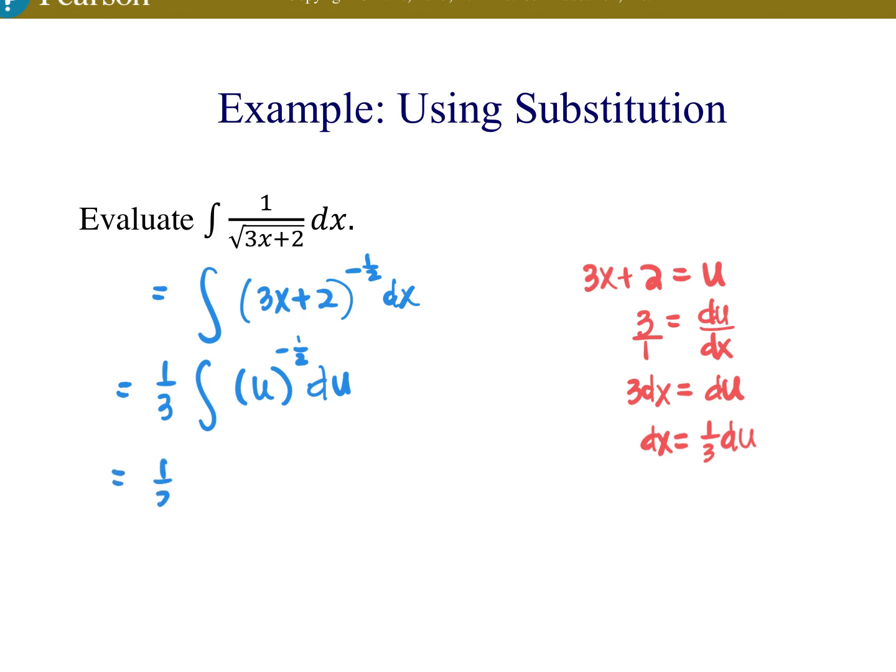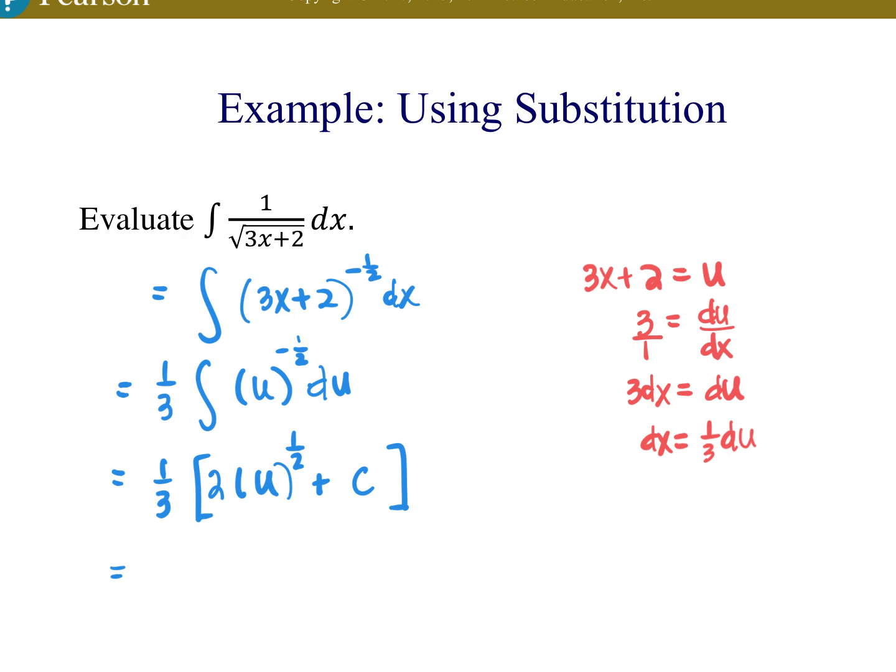So my antiderivative would be 1/3 bracket, and then u is now increased in power by half to 1/2, and then multiplied by 2, and then plus c. And then your final step is just to undo what you did at the beginning.